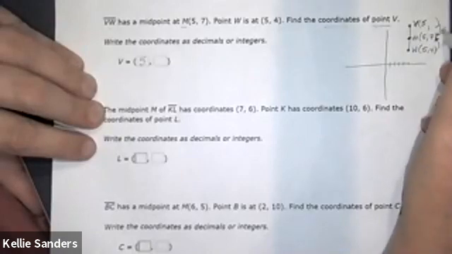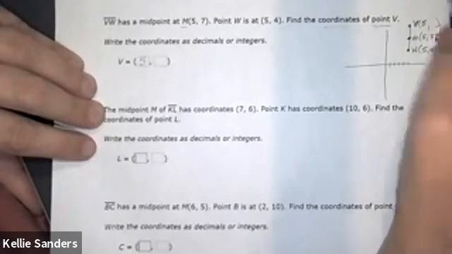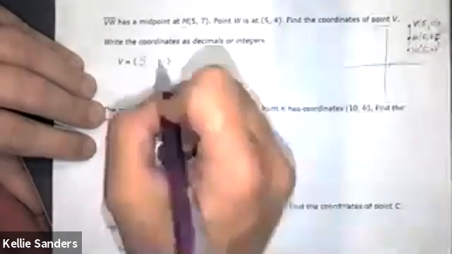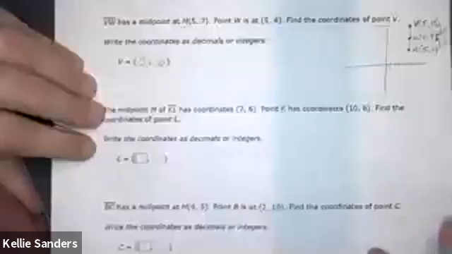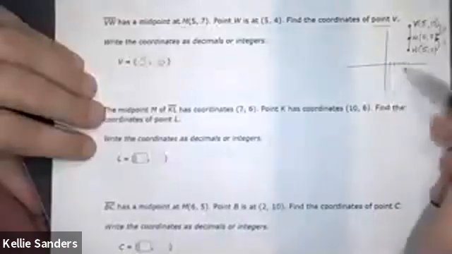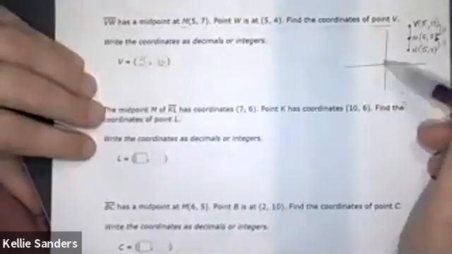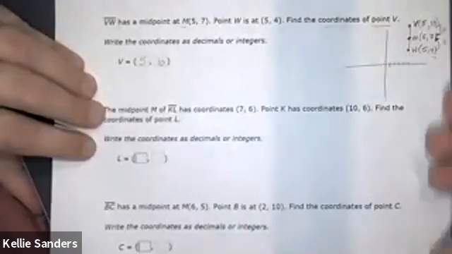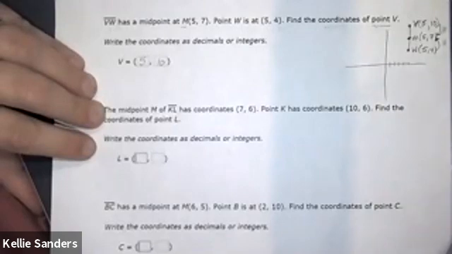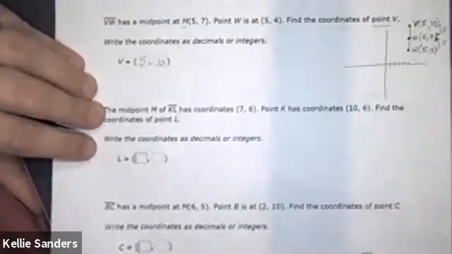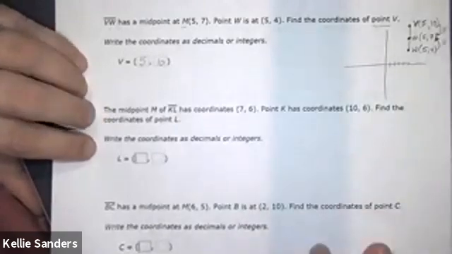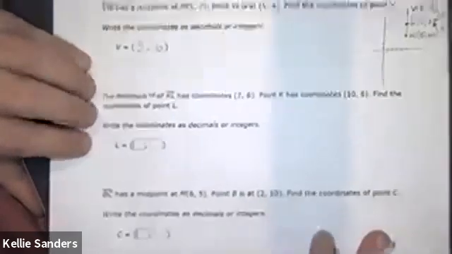So up 3 from 7, we would end at 10. So that's how you would do it in a coordinate plane, but I don't suggest doing that every single time because the problems are going to get harder. Now let me show you how I would do it for the most part until we get to some that you may need to do a little bit of algebra with.